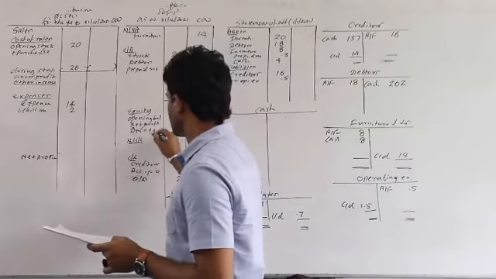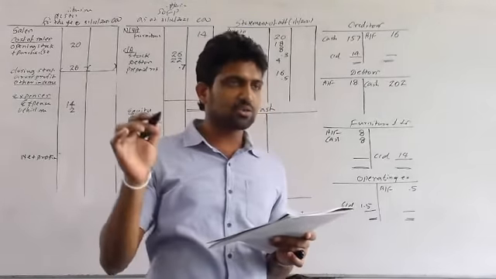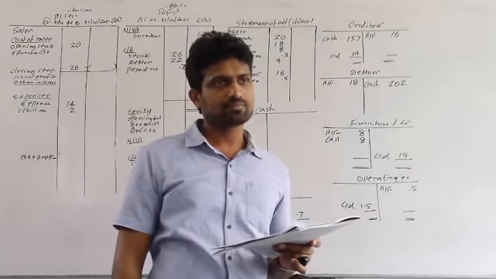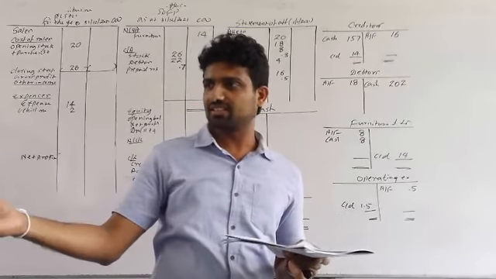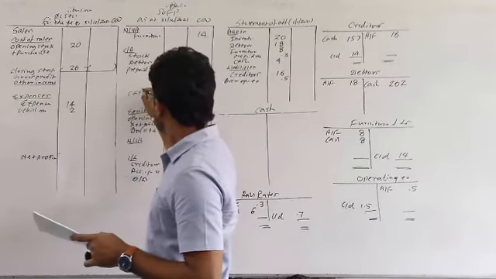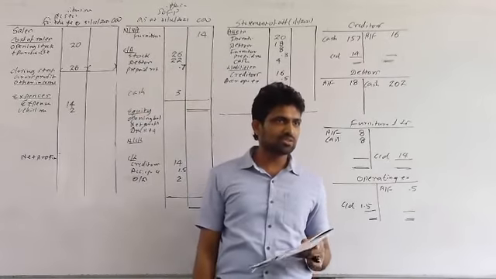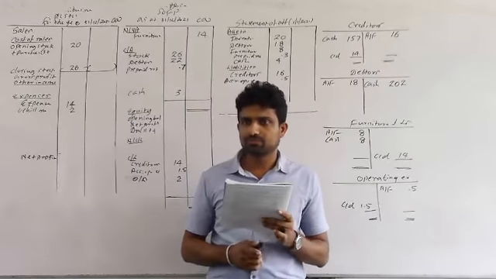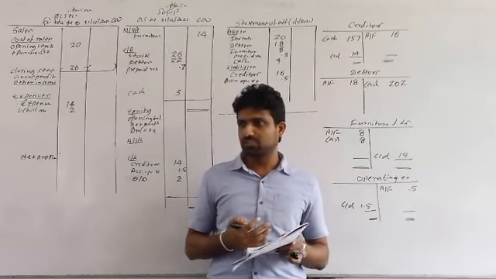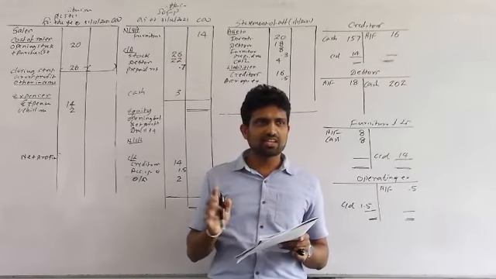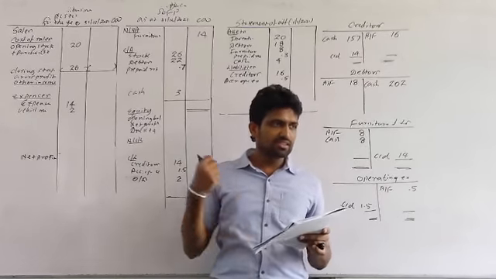Then the 3,000 remaining in his hand is petty cash, so take that as cash.